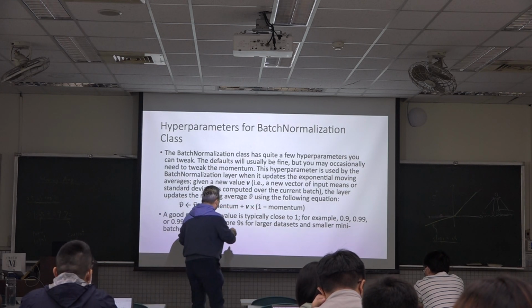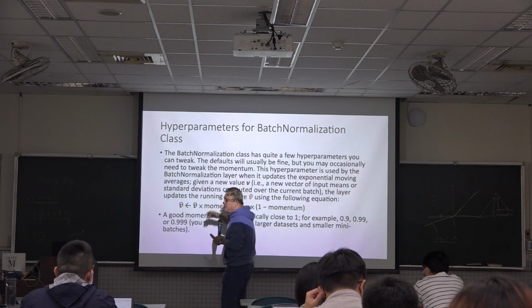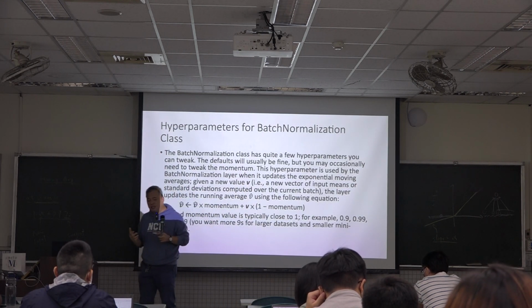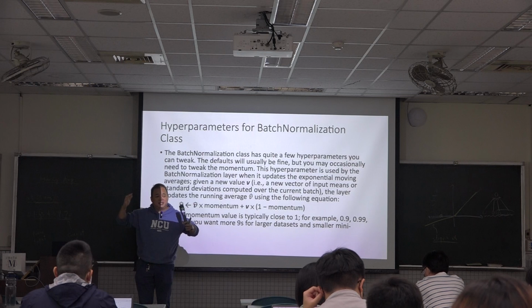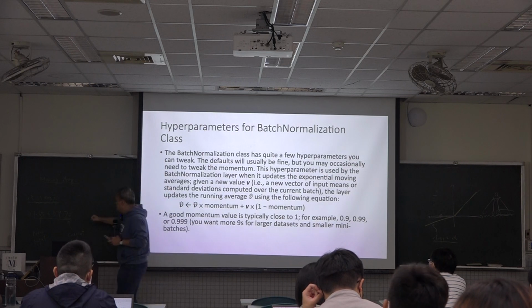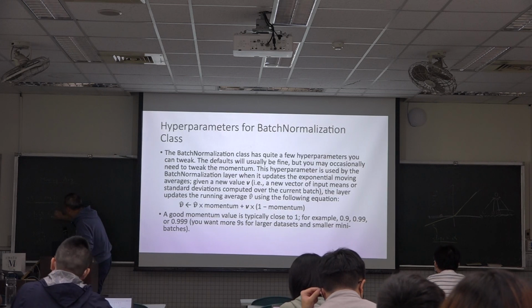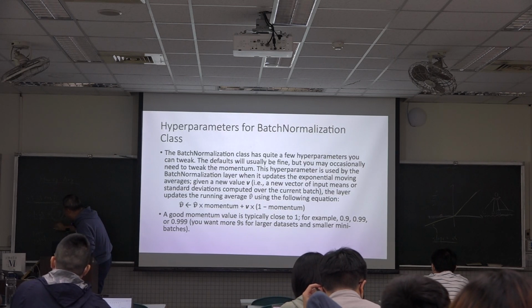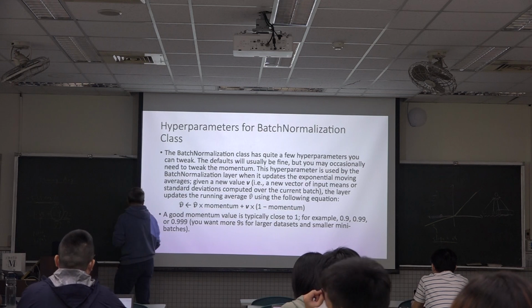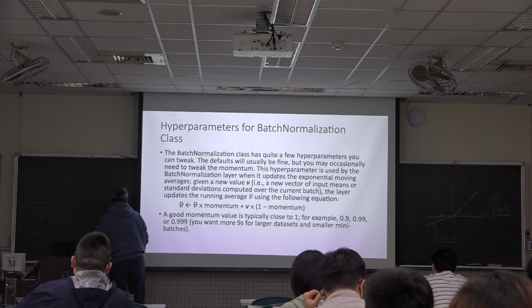This is to compute the average and the standard deviation for the whole data set. This one is the v that I'm talking about here. This is called exponential moving average.